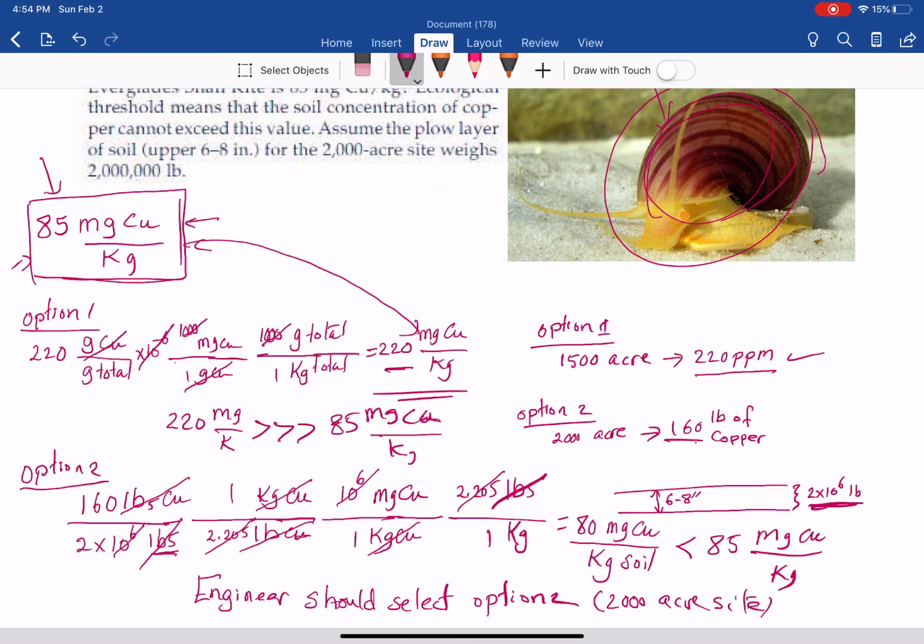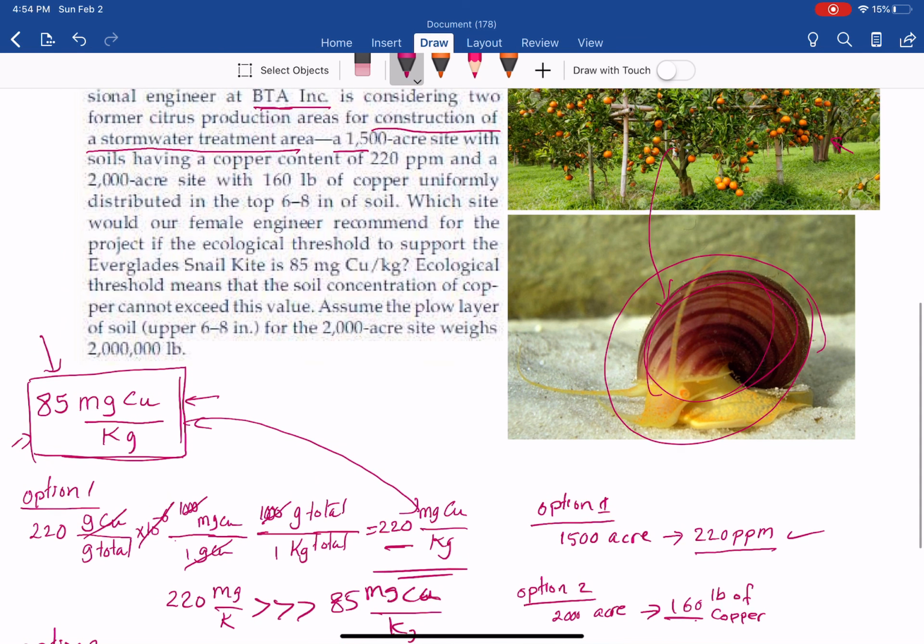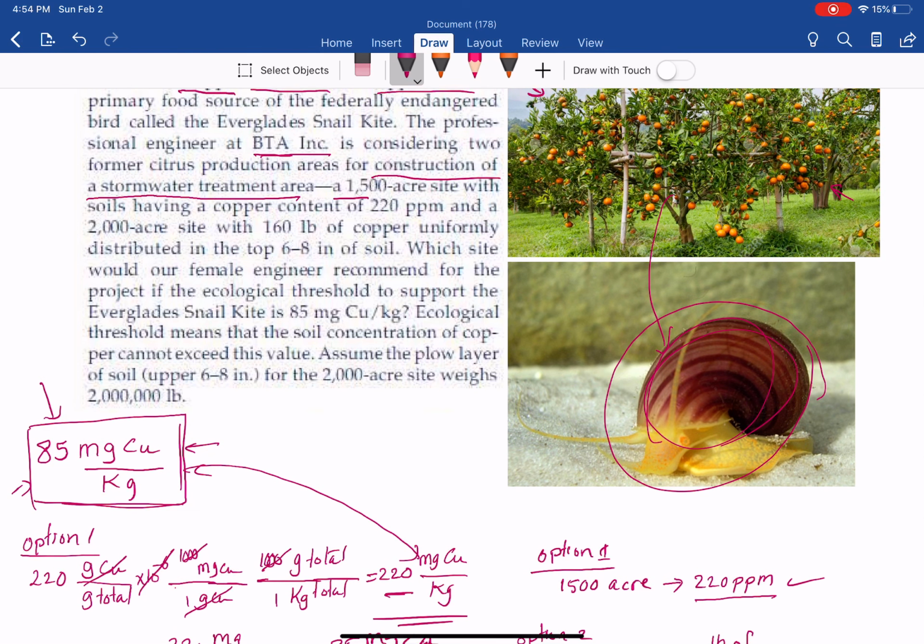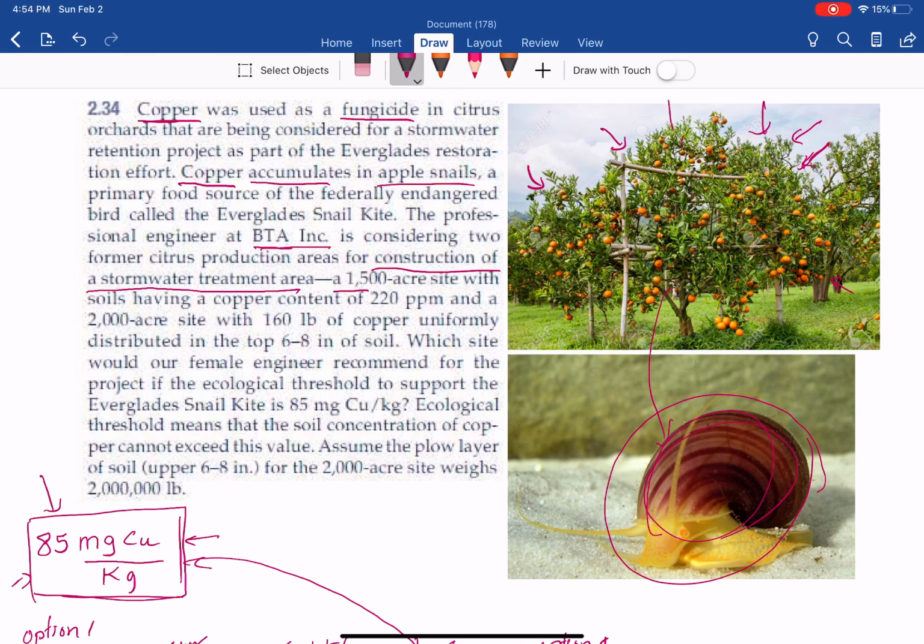If you want to save the bird, and if you want to save the life of this project and farm, you should select option number 2. Thank you very much.